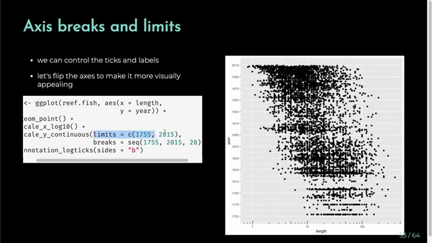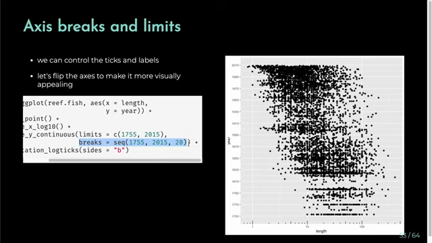So I'm telling the axis first what limits I want. So I'm going still from 1755 to 2015. And then I'm telling it where the breaks should be. And this is the old sequence function that you may recall from the earliest narration, and we're basically telling it that we want it to go from 1755 to 2015 in 20 year intervals.